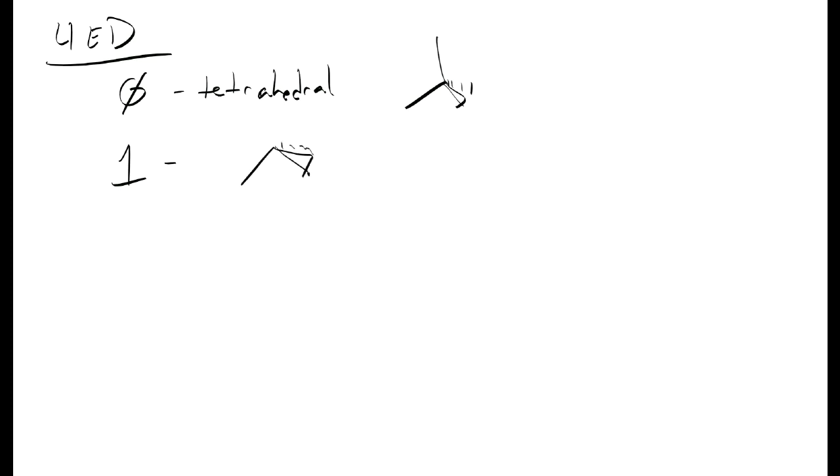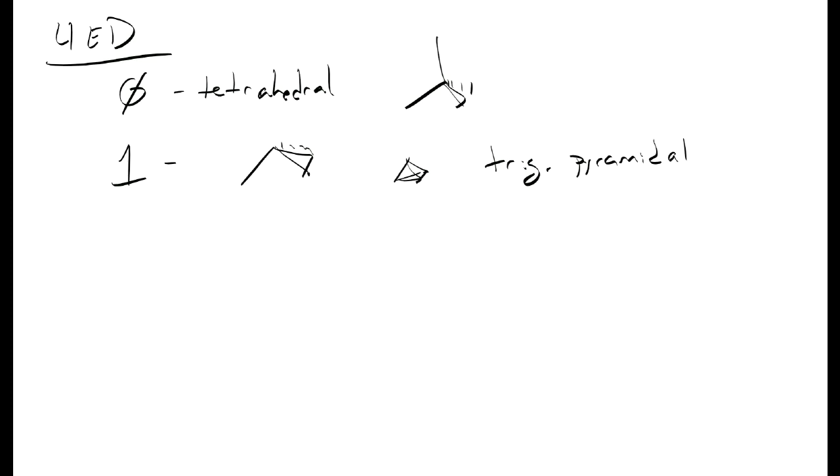The top one has been removed. That was one of the 4 of the tetrahedral. So now what you see is sort of a trigonal pyramid. It is not tetrahedral, even though it has a triangular base. It's like you've squashed a tetrahedron. So what we call that is trigonal pyramidal. It is a trigonal pyramid.